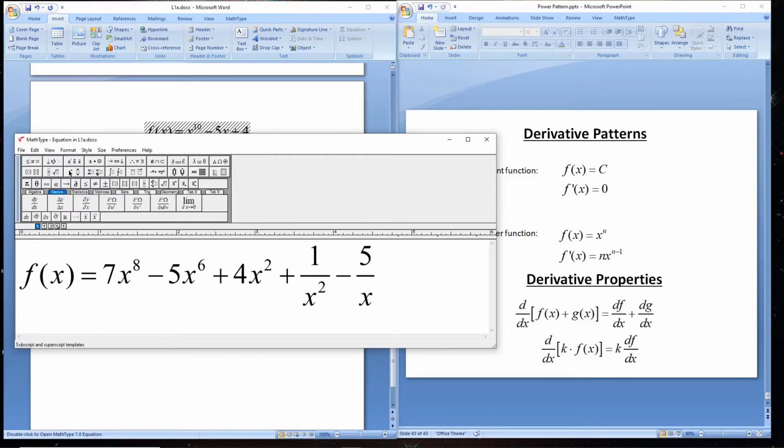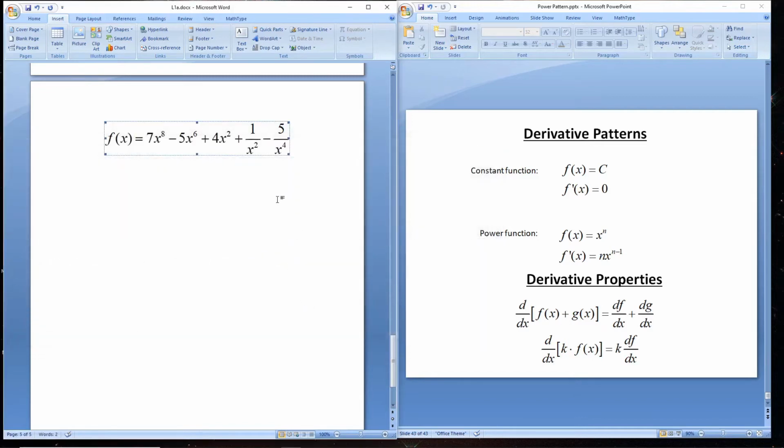So that looks like a mess. Here is our function. Now, if I asked you to get this derivative with the limit, that would be a serious pain. But we have our patterns now.